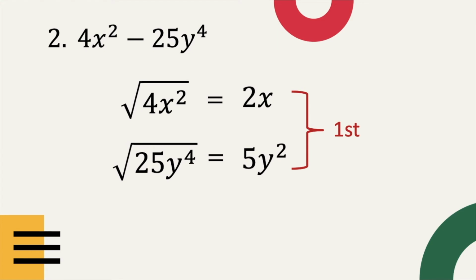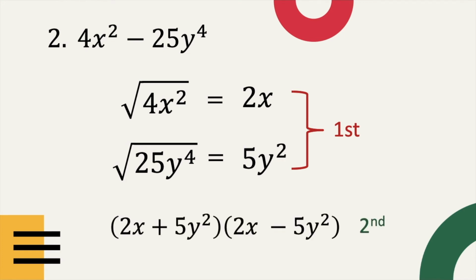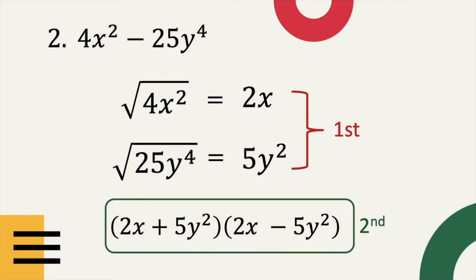Forming two factors, the sum and difference, we have 2x plus 5y squared and 2x minus 5y squared. Therefore, the factored form of 4x squared minus 25y raised to 4 is 2x plus 5y squared times 2x minus 5y squared.